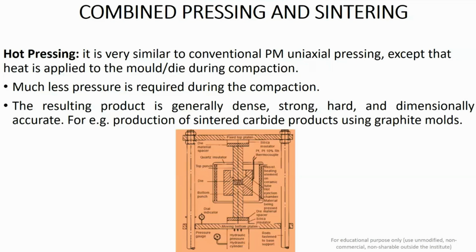So basically, here in this case, this is your answer, which is hot pressing, and it is very similar to conventional powder metallurgy uniaxial pressing, except that the heat is applied to the mold and die cavity during the compaction. As you can see from this figure, this is a schematic diagram of a press, and centrally at the top is the upper punch, and then the bottom is here.